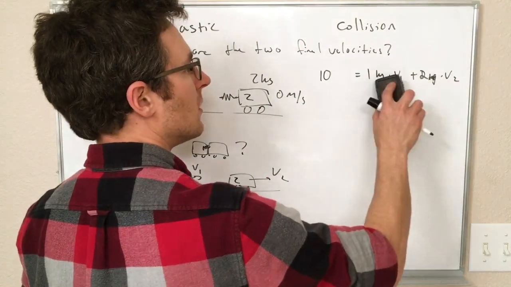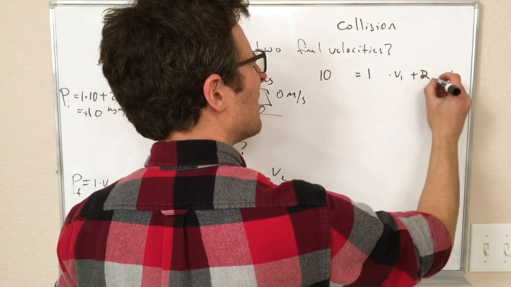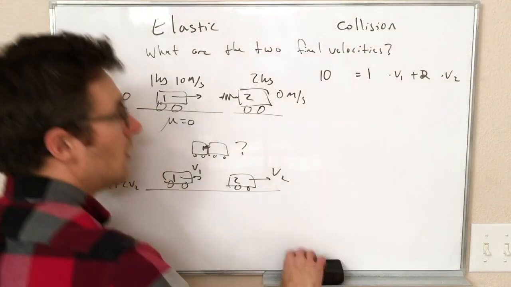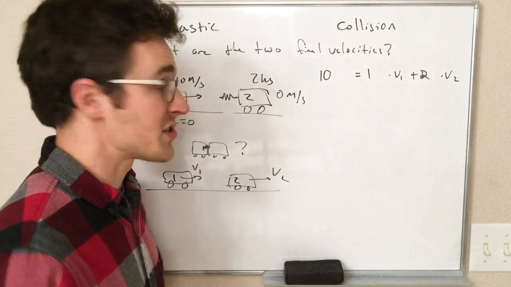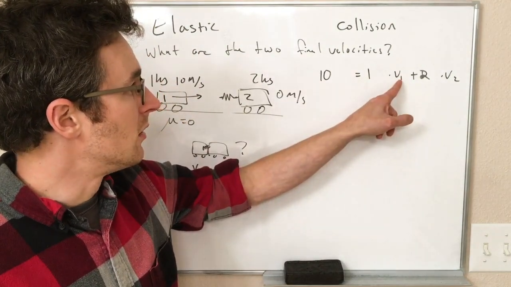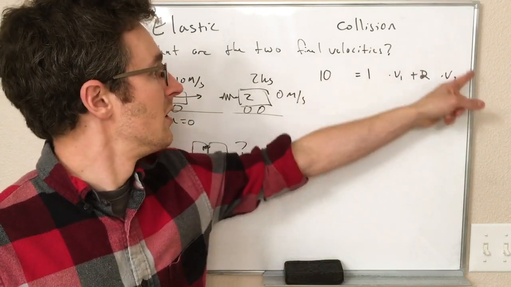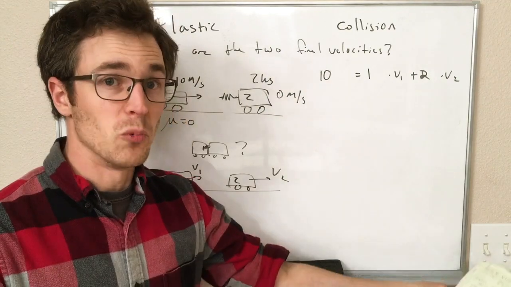So we'll just have 10 and 1 and 2. All right, so this equation is totally correct, but as it is, not solvable, right? We have two unknowns. We could solve for V1 in terms of V2 or for V2 in terms of V1, but by itself, this does not give us a number for either one of those variables. So we need more information.